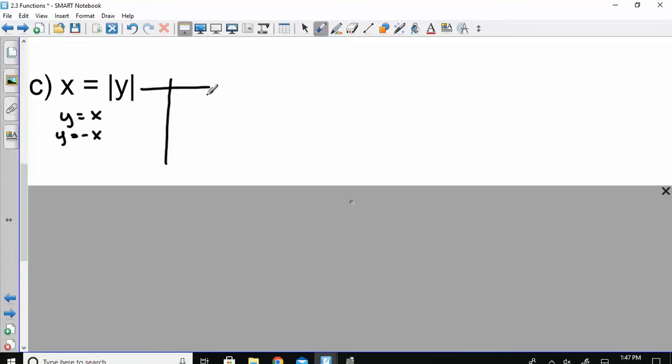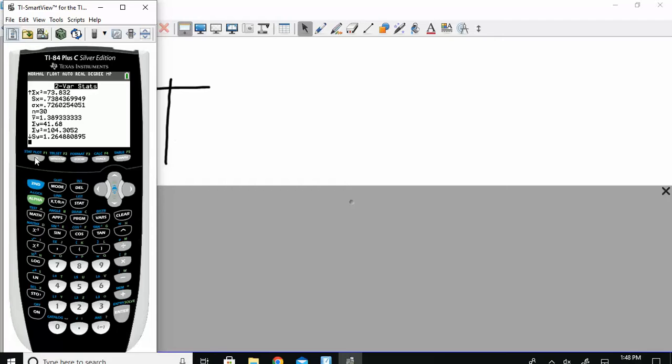Since we're going to have to do domain and range, some people really dislike trying to solve this type of thing with the equation because when you go to graph it, it gives you more than you need. So if you wanted to graph these, it has to be y equals. So we have x and negative x.